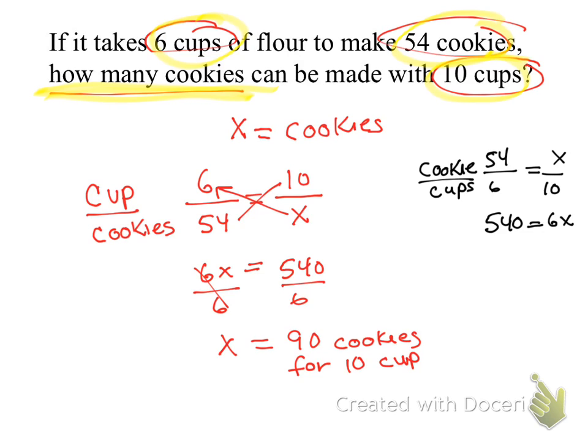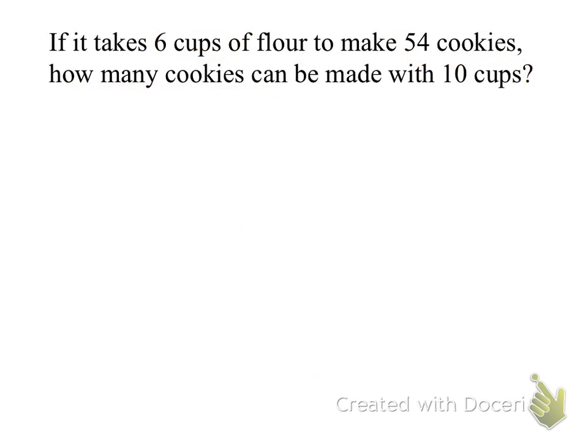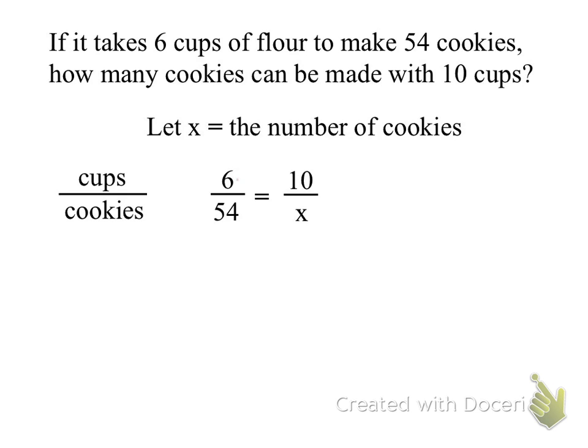It doesn't matter as long as in the end, I do want to see 90 cookies. Right at the bottom, the beginning one, I guess you don't necessarily have to in a problem like these. As we get more into word problems, you should identify your unknown. It won't hurt you to identify your unknown.